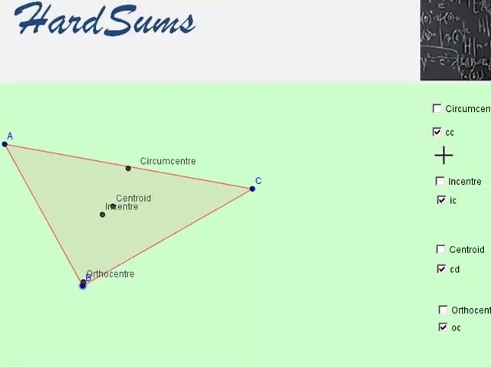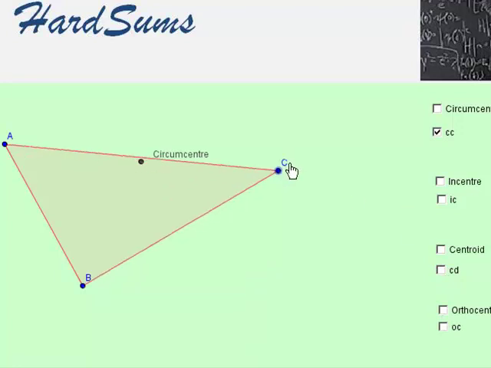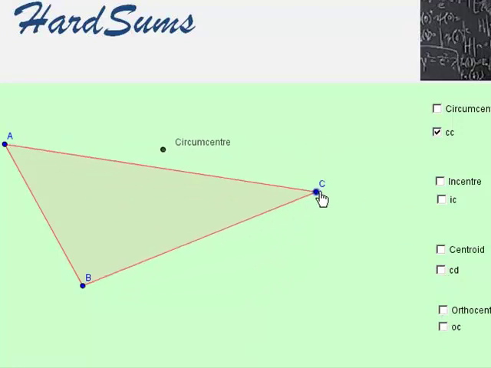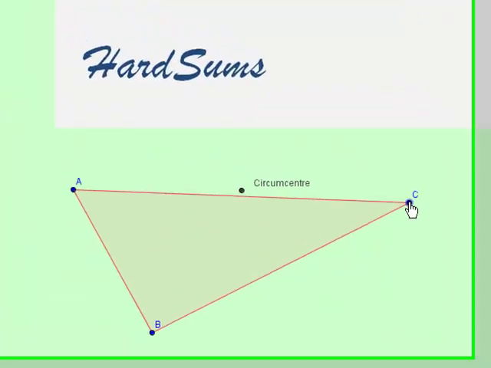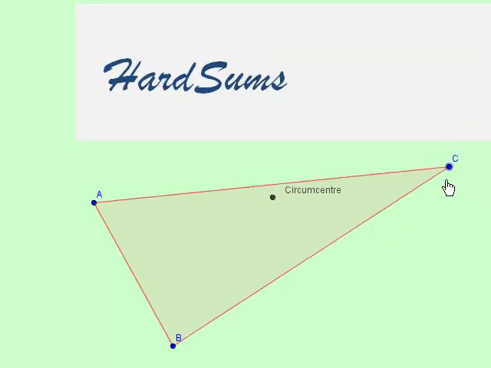So maybe if we just go back to the circumcenter for a minute again. Keep it as simple as possible, just the circumcenter now on its own. And let's try and figure out what makes the circumcenter go inside or outside.